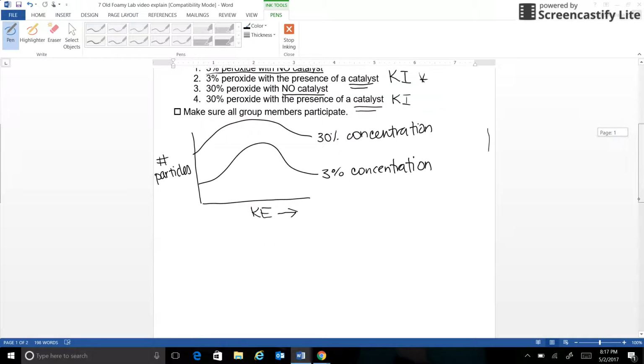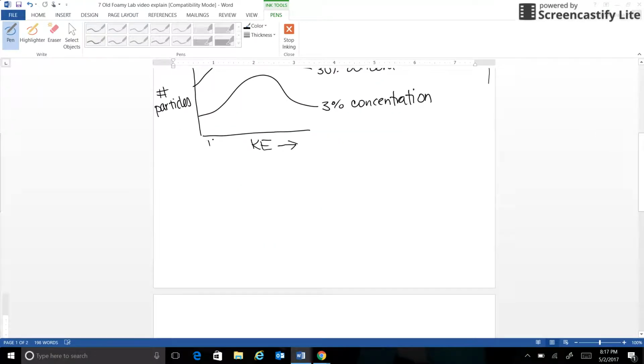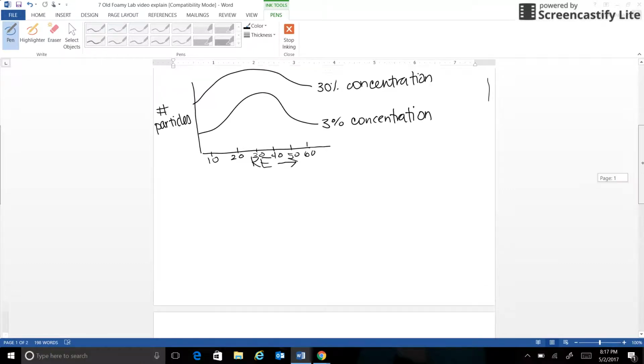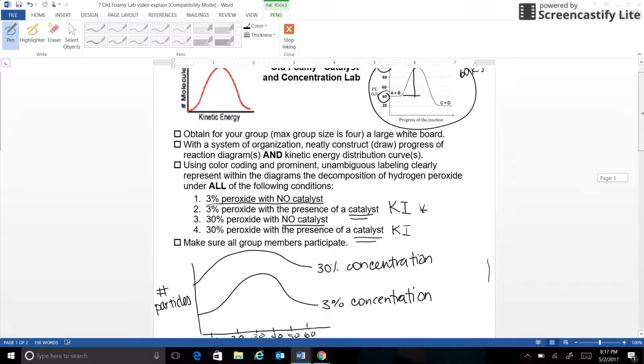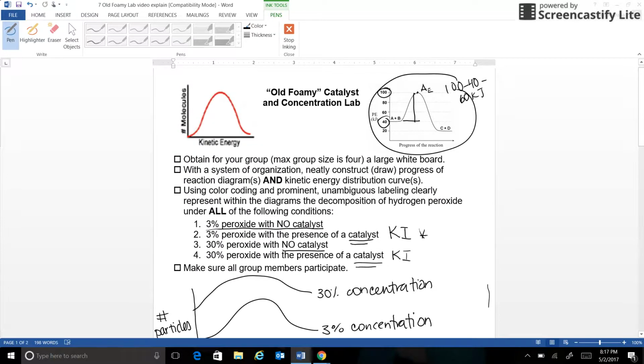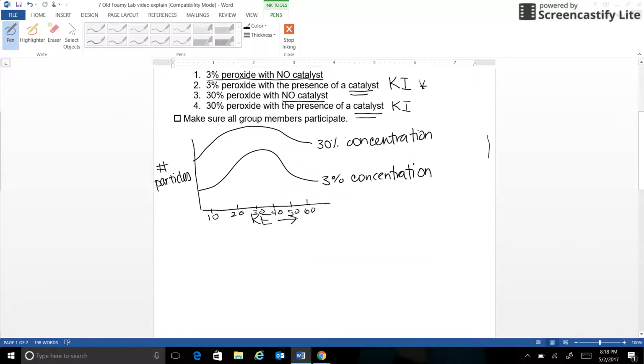So we can take that and put the values down here. Let's start with 10, make this match, 20, 30, 40, 50, 60. I'll extend that curve a little bit, the line there, so you can take a look at it. Looking back up, we'll mark the 60 mark for our activation energy.